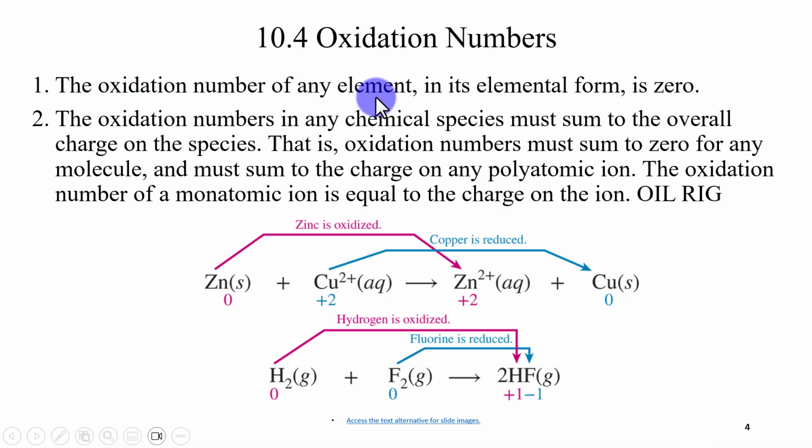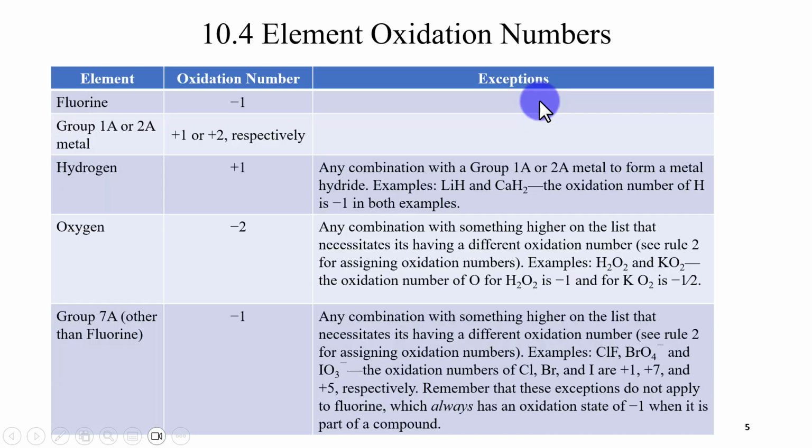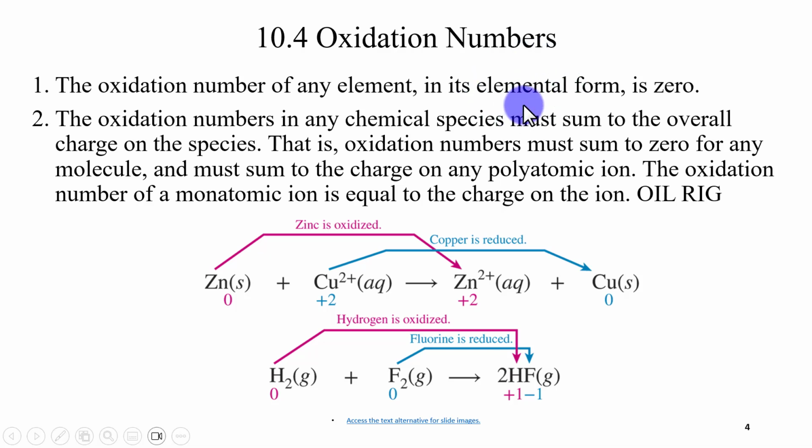Now, the oxidation number of any element as it appears in its elemental form, as it appears in the periodic table, is 0. So if the element is alone without being combined with another element, that oxidation number is 0. Then the oxidation numbers in any other chemical species must sum to the overall charge on that species.